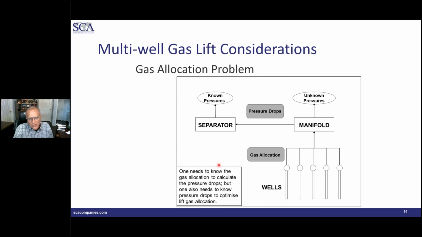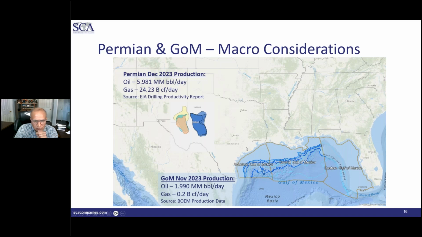So we have to know the gas allocation to calculate the pressure drop, but we also need to know the pressure drop to optimize the lift gas. So this becomes a very interesting optimization problem. And there is software available, and there will be some discussion in the class.